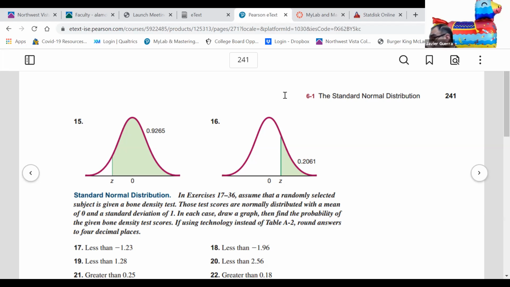0.2061. I need this side. I need the white area. What is the white side equal to? Uh-oh.